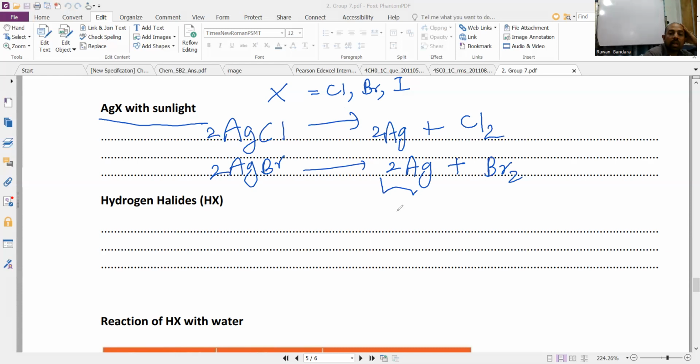Under normal light it is not black, only under sunlight. Sun emits many rays, UV rays. Due to the formation of silver. Good questions, buddy. Very good.